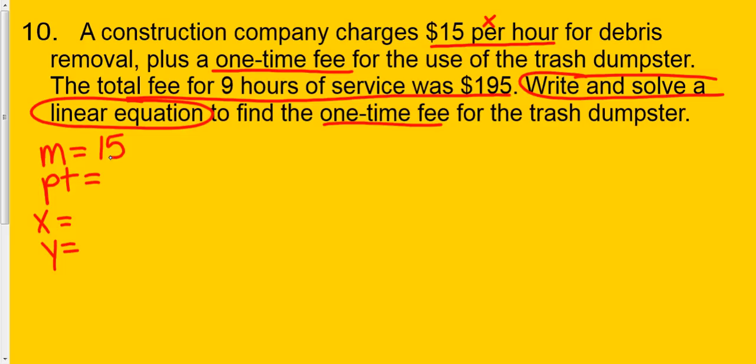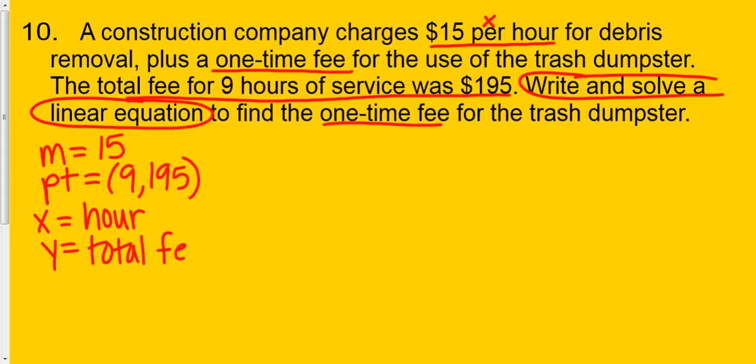And I can go ahead and label my x as well. So per hour. Then we have the sample point that I mentioned as we underline: the total fee for 9 hours was $195. Okay, and so that leaves y, what to label y as. In this case, they're talking about a money amount, a total fee, and so we can go ahead and label y as our total fee.